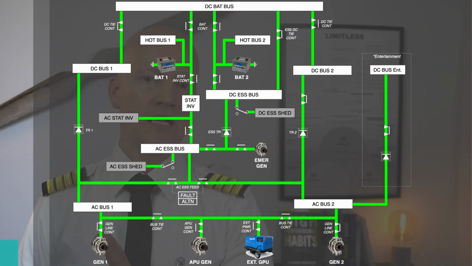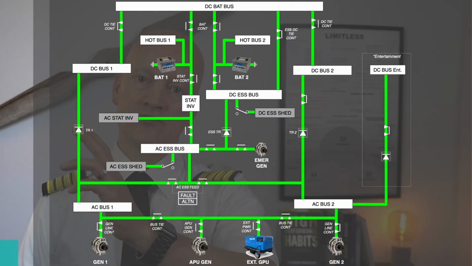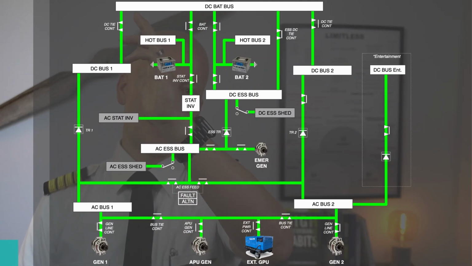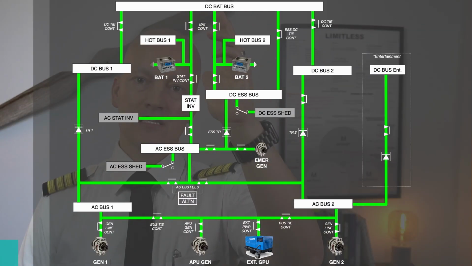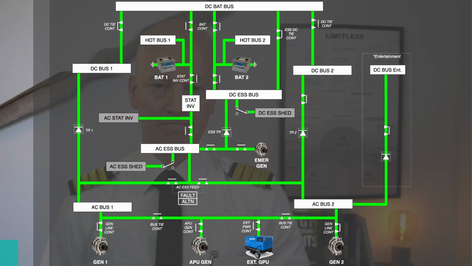Generator number 1 here supplies AC power via its generator line contactor to AC bus 1, and from there, DC power is taken through a transformer rectifier unit, a TR, to DC bus number 1. DC bus number 1 supplies electrical power up to the DC battery bus, which then supplies power to the batteries.